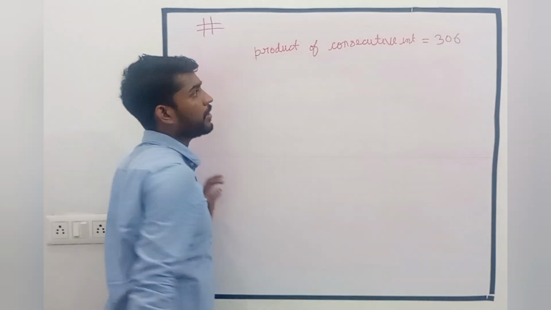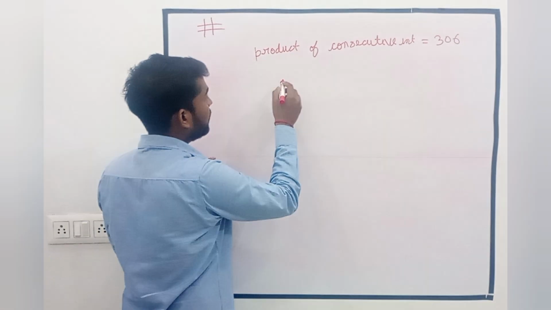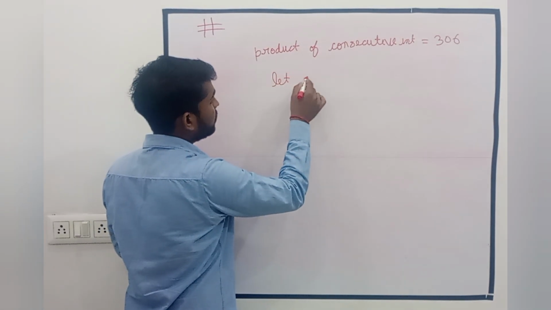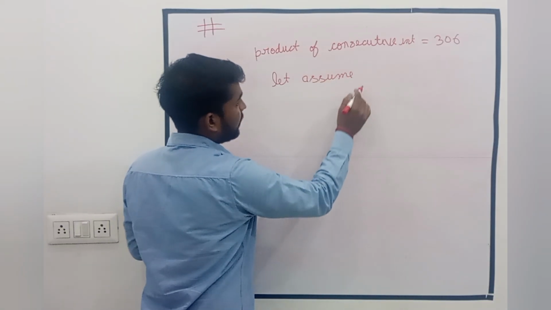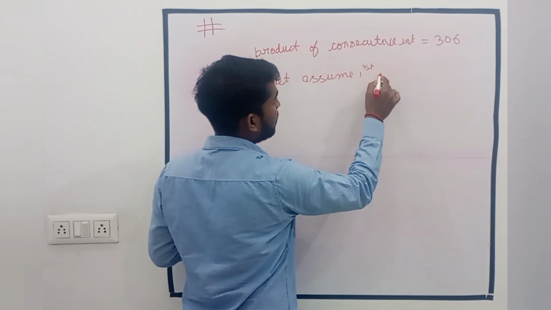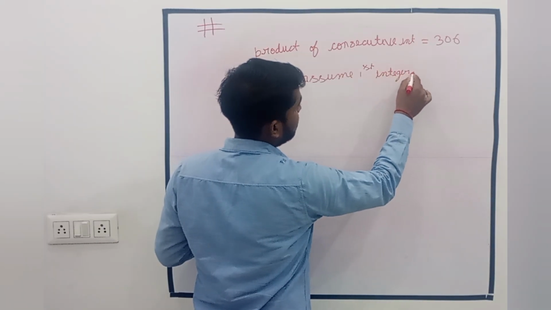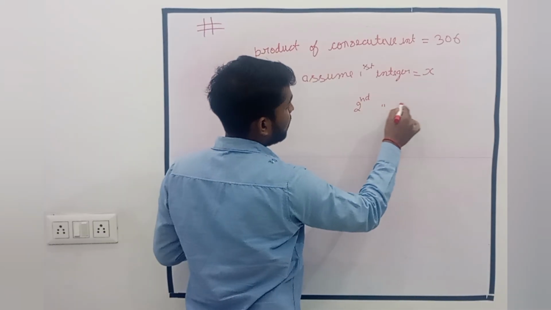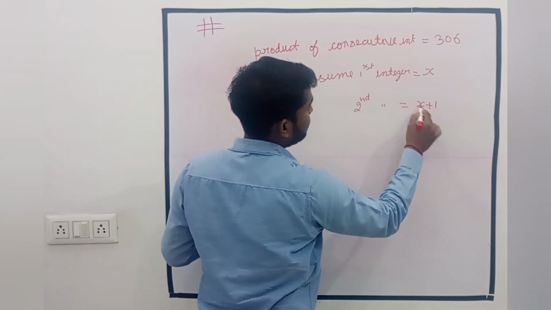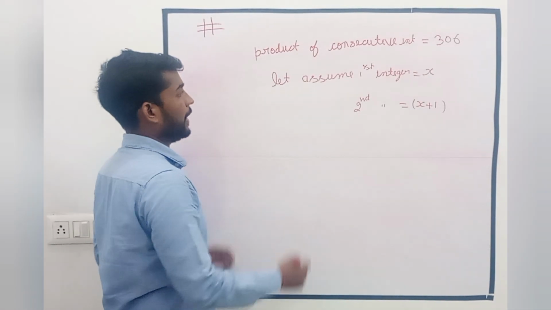Now what is the meaning of consecutive? It comes after the previous. Let's assume the first integer is x, and then the second is x plus 1, and these are the consecutive integers.